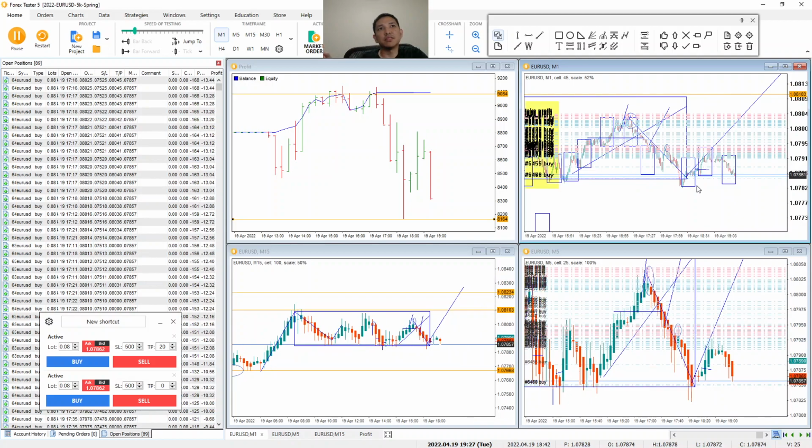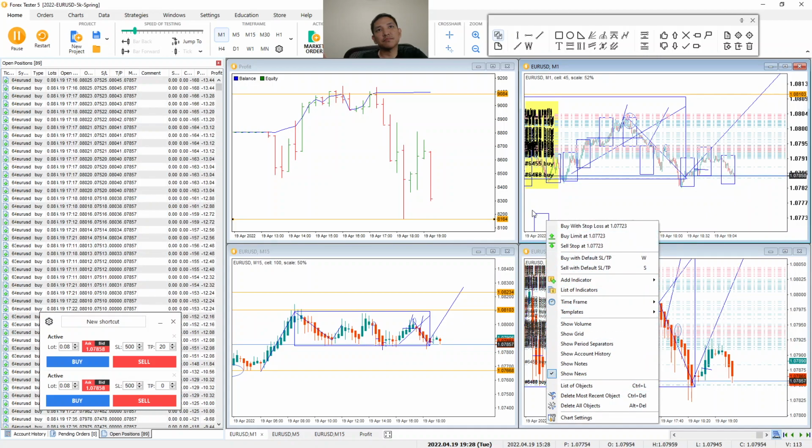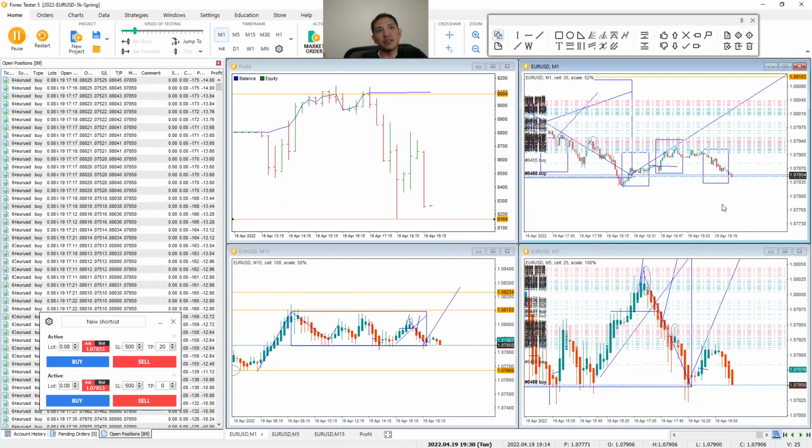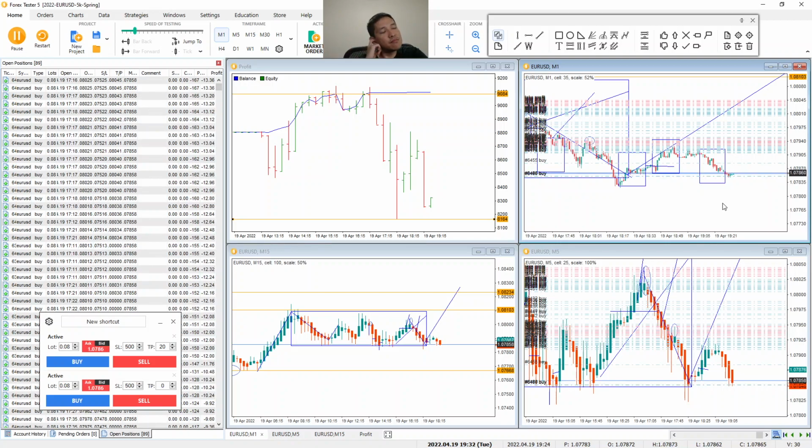So we've got basically a cup and handle pattern now, and it wants to break down. Or we can pray that this is just a W that it's forming.